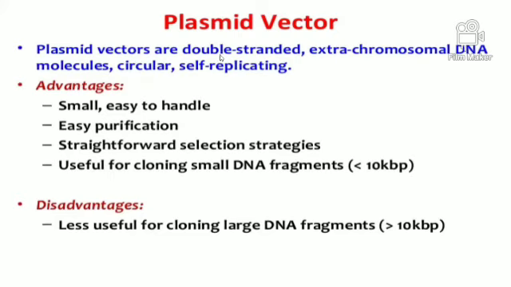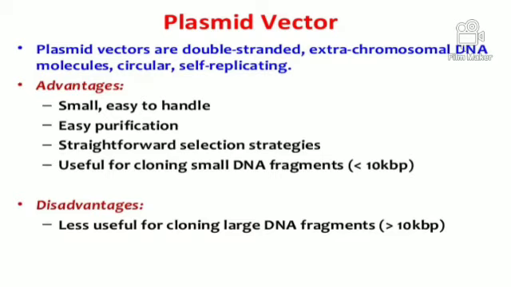So plasmid vectors are double-stranded extra chromosomal DNA molecules, circular in shape, with self-replicating power. All of you know how it is double-stranded. Extra chromosomal material, circular and self-replicating.